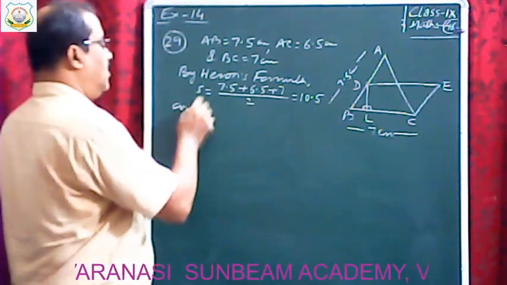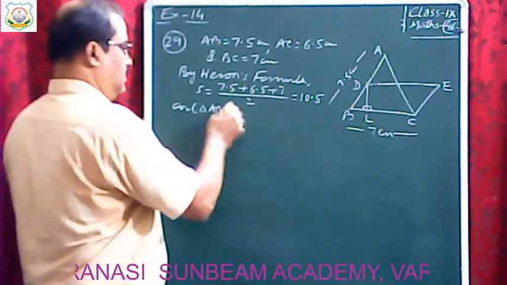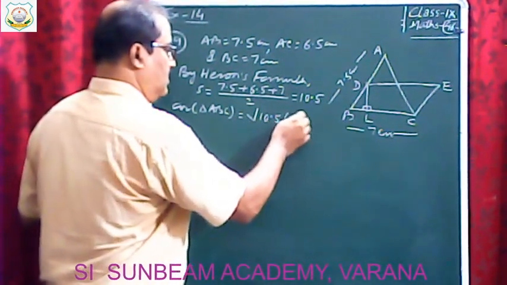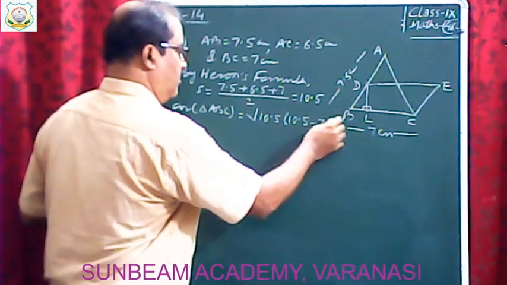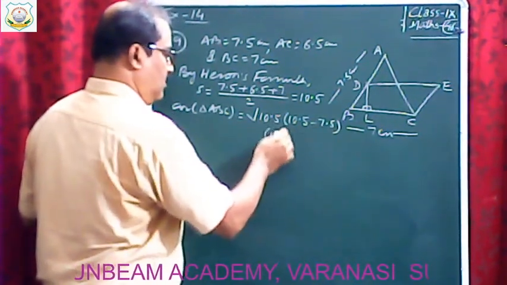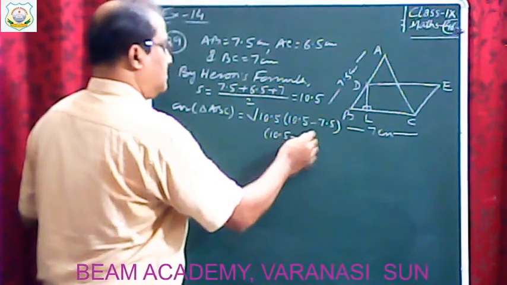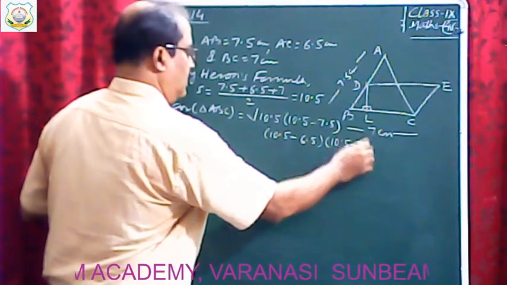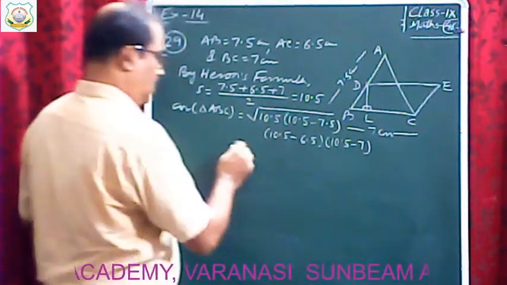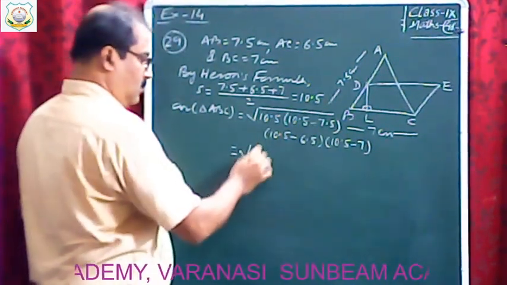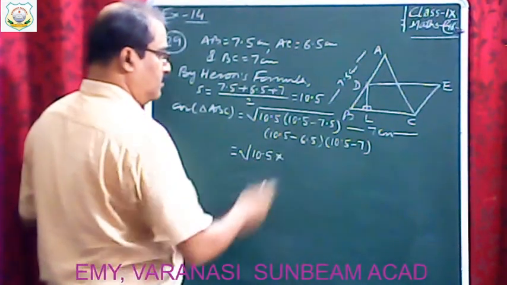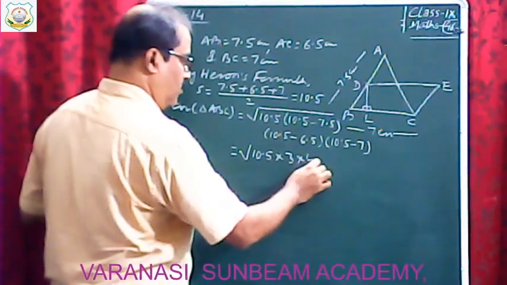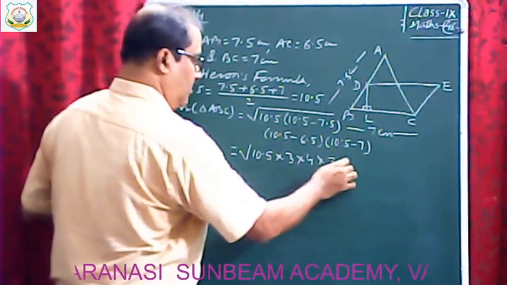So area of triangle ABC equal to square root 10.5, 10.5 minus 7.5, 10.5 minus 6.5, 10.5 minus 7. Okay. The square root of 10.5 into 3, 10.5 minus 6.5 is 4, and 3.5.